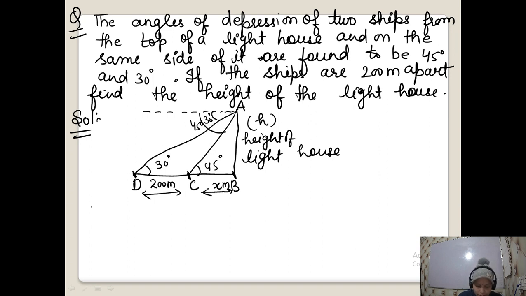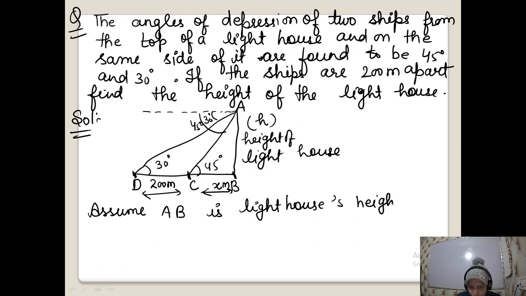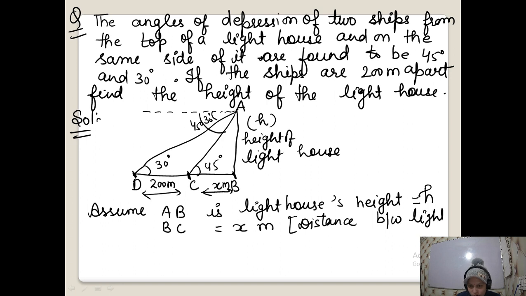First of all, assume AB is the lighthouse height, that is h, and BC is equal to x meter, which is the distance between the lighthouse and the first ship.